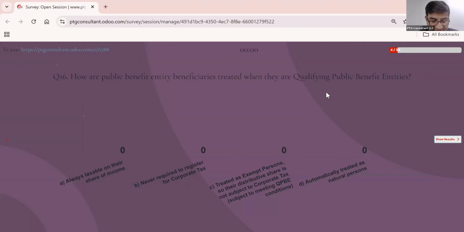If it is a qualifying public benefit entity, okay, it is meeting the condition, but if it is not a qualifying public benefit entity, then the distribution conditions apply. So we have to see the second condition. If the second condition is met, then of course again we are subject to transparency. If both are not met, then even if we submit to the FTA, they will reject.